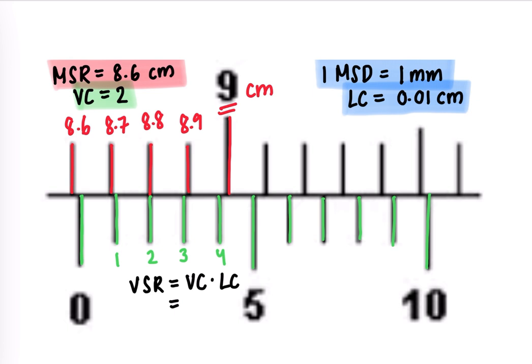So VC 2 times 0.01, which is 0.02 centimeters. This is our VSR.